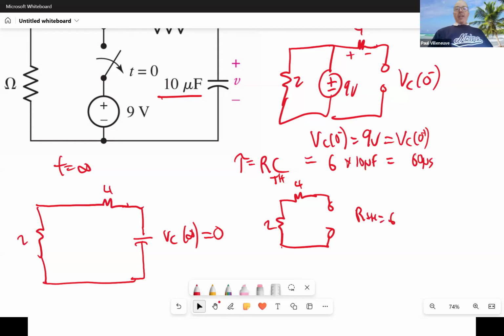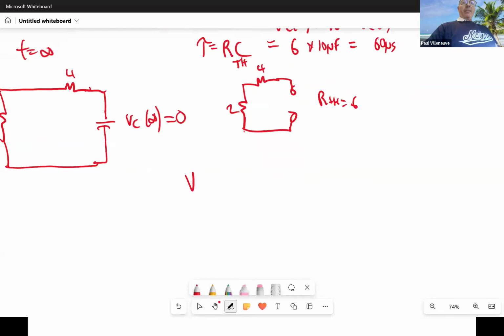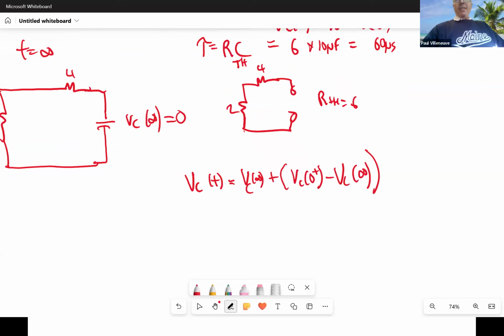So my final equation, VC of t, is going to be equal to V of infinity, which is 0. Actually, let me write it out so you can see where I get the terms. This is VC of infinity, plus VC of 0 plus minus VC of infinity times e to the minus t over tau.